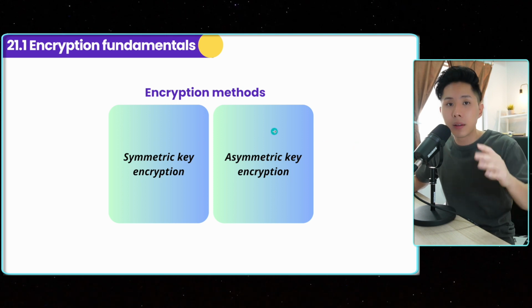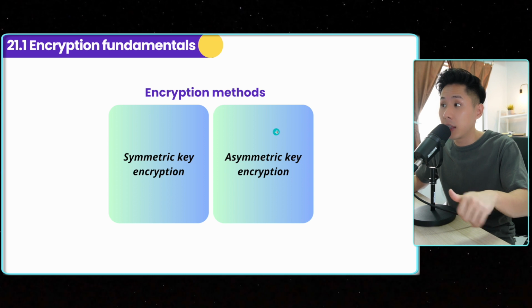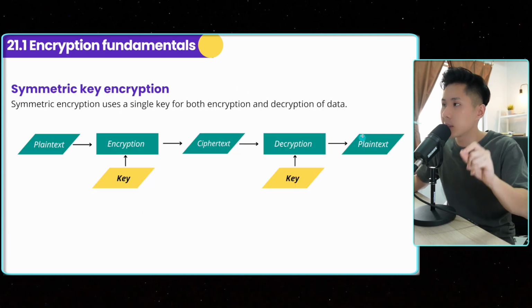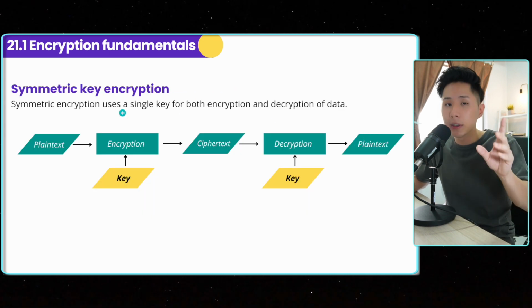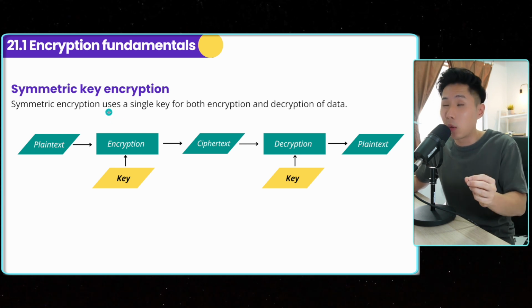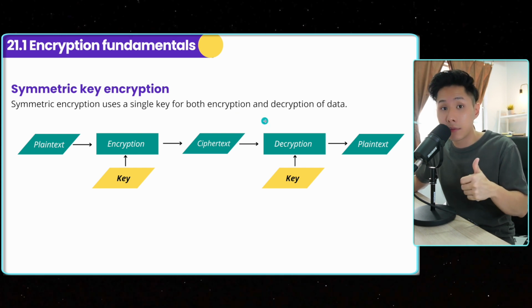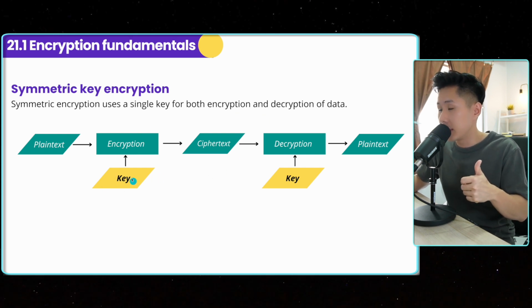Now, let's start off with a few encryption methods that are available. We won't go into details of it until later part of the video, just to give you an overview. First, symmetric key encryption. I also call it the simple one. It uses a single key for both encryption and decryption of data. So this is the key, and they are used in encryption and decryption.